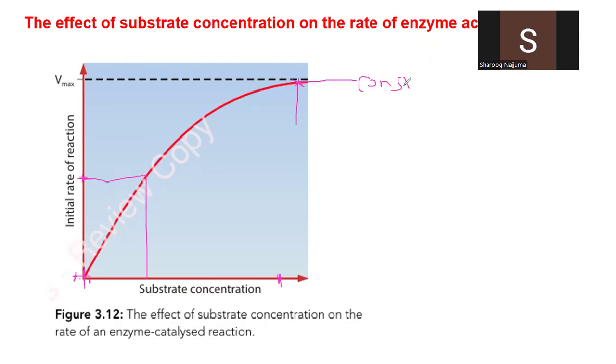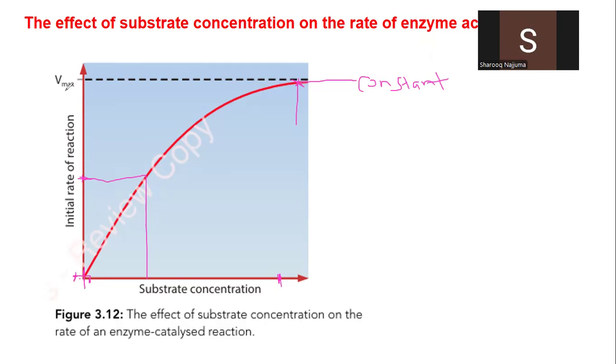So what is the reason for the constant? And this point where we have the highest rate of reaction, where the curve levels off, is what we call the Vmax. Now, Vmax is mainly used if we are looking at the effect of substrate concentration on the rate of enzyme activity.